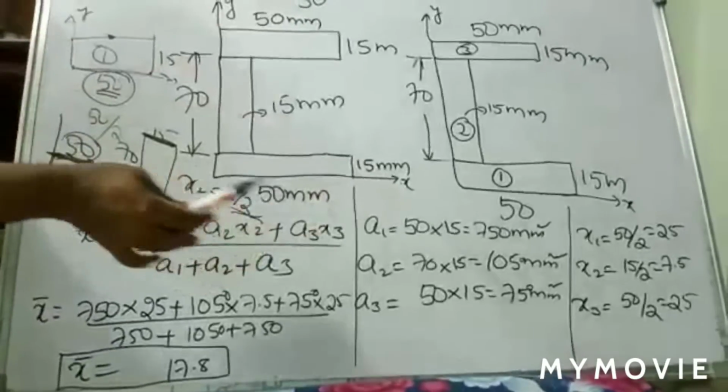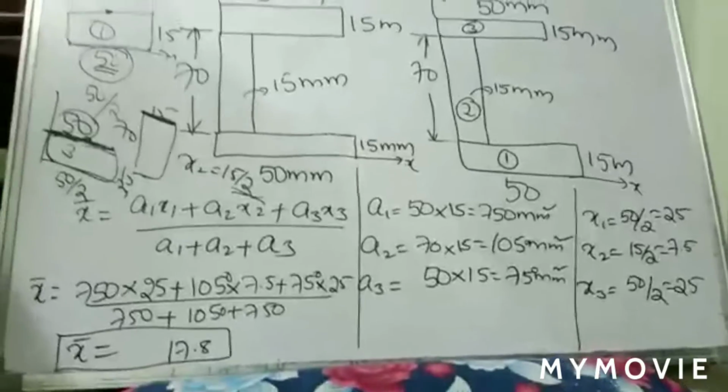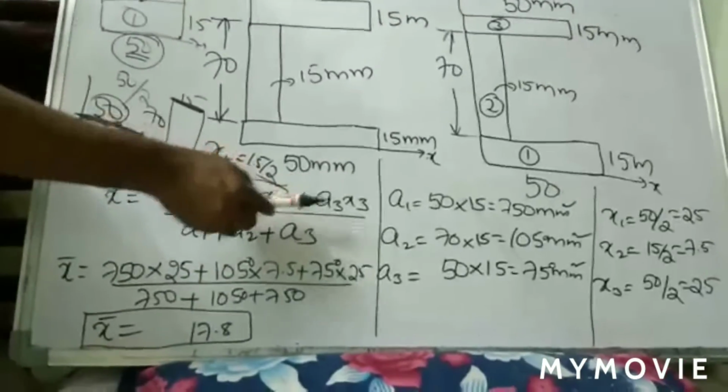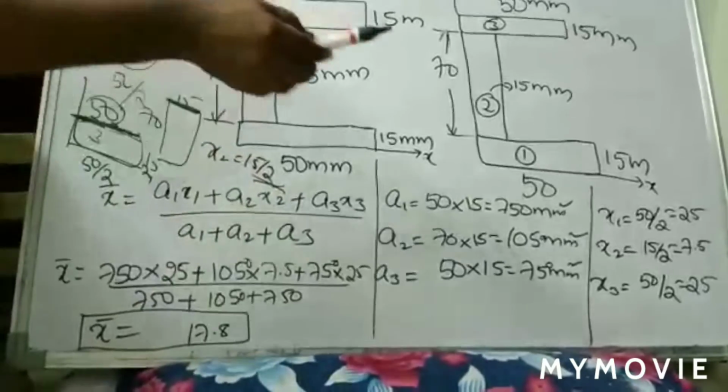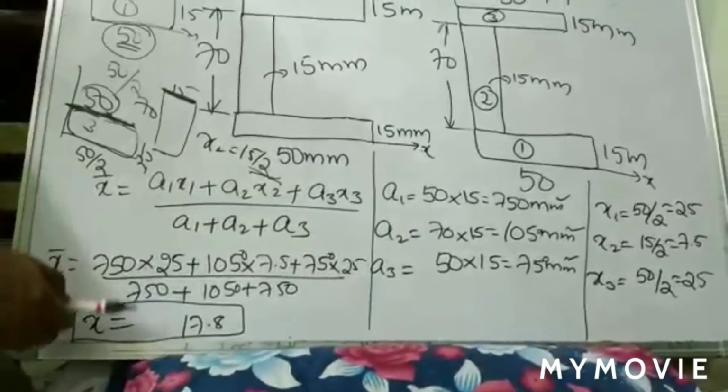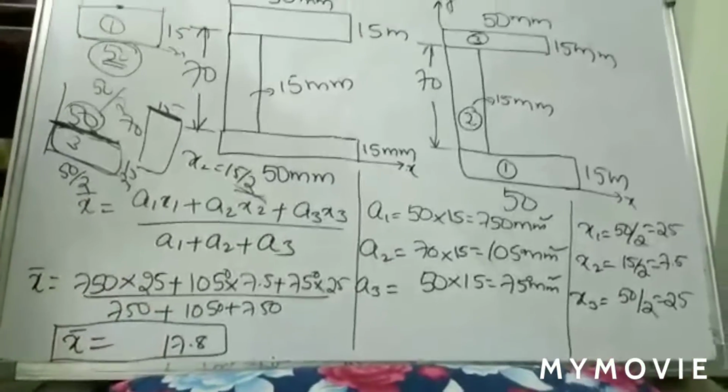Simply substitute these values in the equation: x bar equals a1 x1 plus a2 x2 plus a3 x3 by a1 plus a2 plus a3. You will get x bar equal to 17.8. That is the answer.